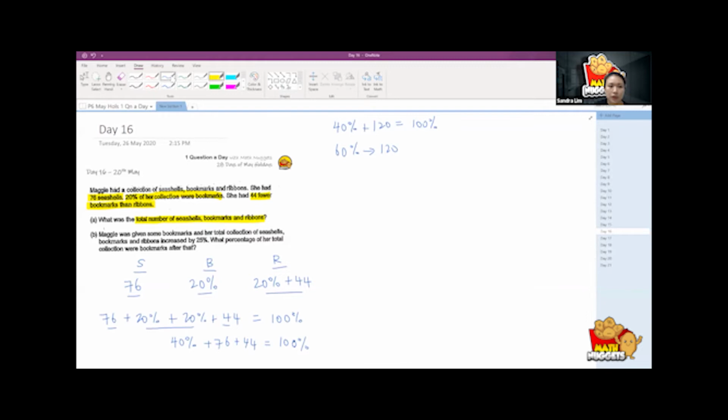Means we are supposed to find 100%, everything. So from 60%, you can find out what's 1%. I'm just going to leave my answer like that. Okay, and I can go and find 100%, which is 120 out of 60 times 100. If I do this, I should get 200. That is the answer for part A. So 200 seashells, bookmarks, and ribbons altogether.